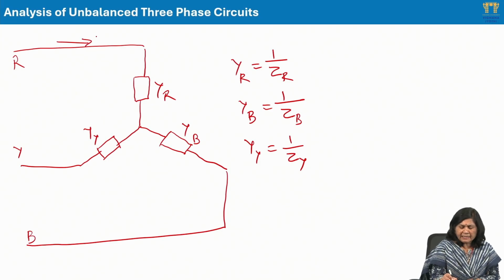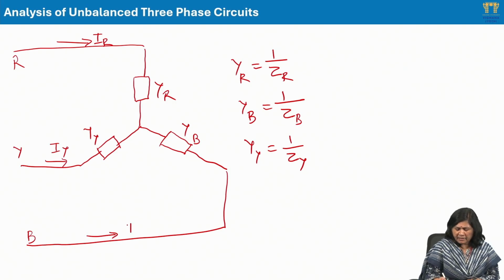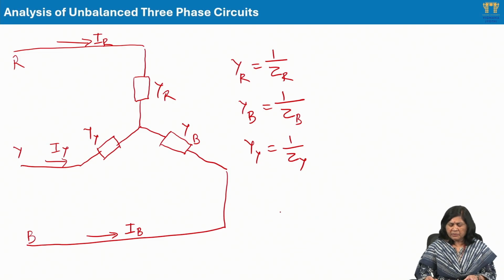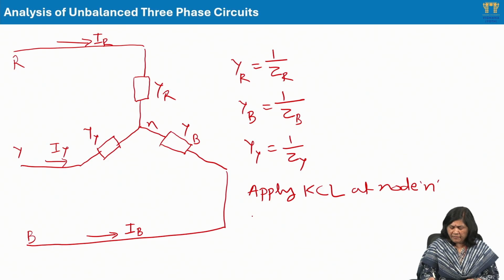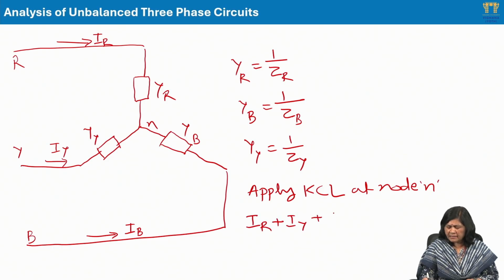Now, let's suppose I have here IR current, IY current, and IB current. Applying KCL at node n, I have IR plus IY plus IB equal to 0.